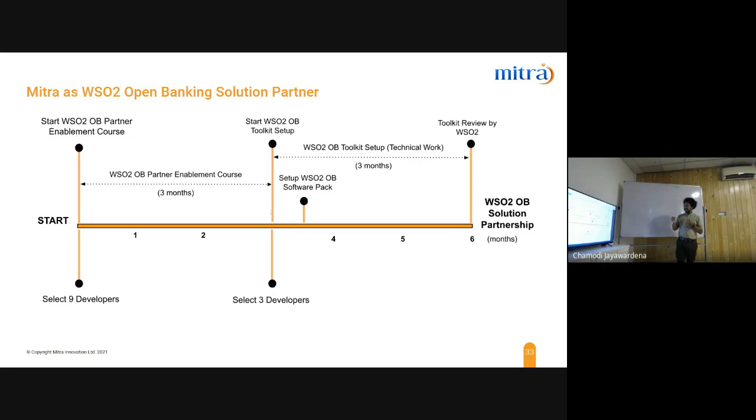So for that, the toolkit setup is very important. That's where the development part comes in. We did certain work given by WSO2, and in 3 months' time we were able to hand it over to WSO2 and get the WSO2 solution partnership. So Mitra became the WSO2 solution partner.